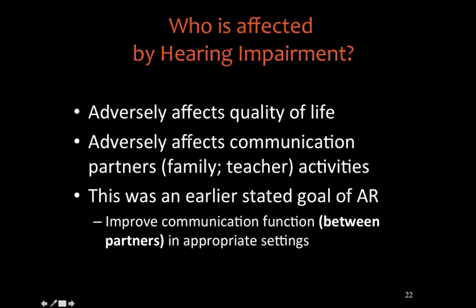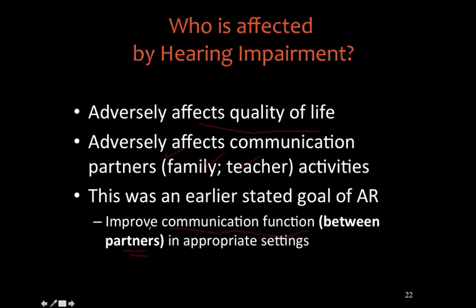Last slide before we transition is just to make the point that in addition to the person who actually has the impairment, this is something that affects not only their quality of life, but affects their communicative partners, their families, their teachers, and everyone else. And so the improvement of communication function is something that benefits not only the person with hearing loss, but their communicative partner as well.